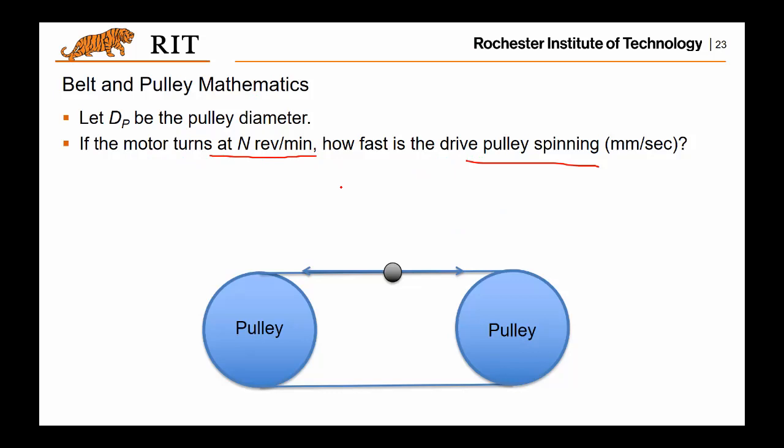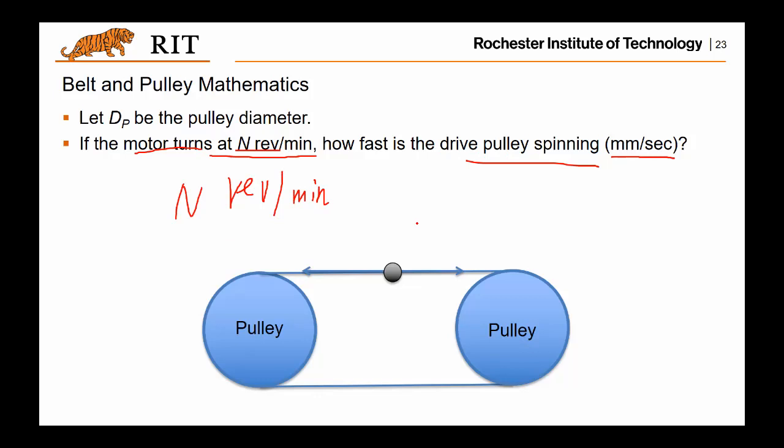So how to do that? For example, you have a motor that turns at n revolutions per minute, right? And you want to come up with the pulley spinning speed, but in millimeter per second.